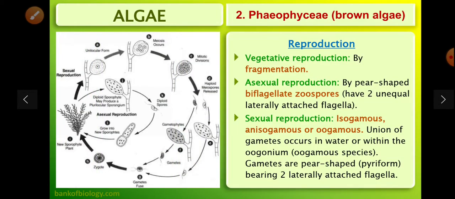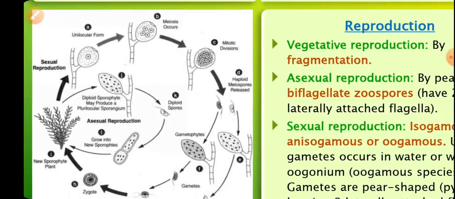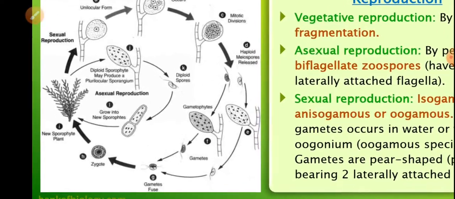Reproduction. They also show vegetative reproduction through fragmentation, asexual by zoospores, and sexual via isogamous, anisogamous and oogamous. Union of gametes occurs in the water within the oogonium. Gametes are pear-shaped, bearing two laterally attached flagella. We can understand with the help of this diagram.